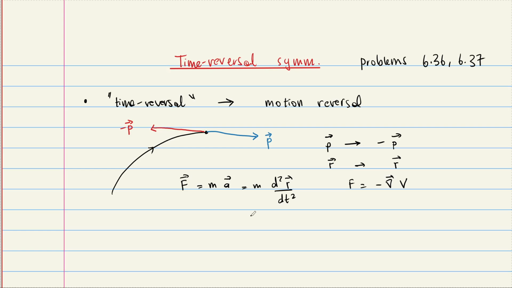Then we immediately see, since this is a second order differential equation, if you can solve this for x of t, then x of minus t is also a solution, because there's t squared. Wherever you see t, you put minus t, and you obtain a solution which is exactly the same.